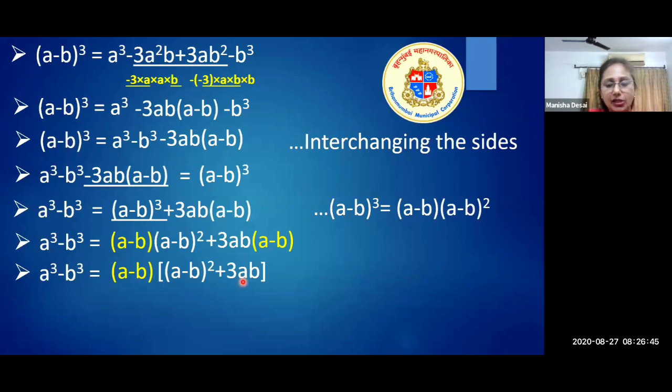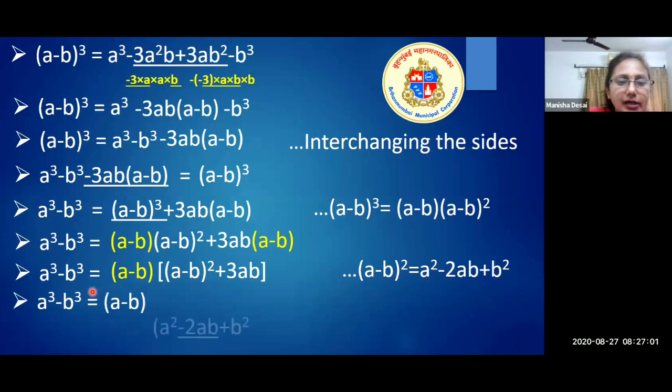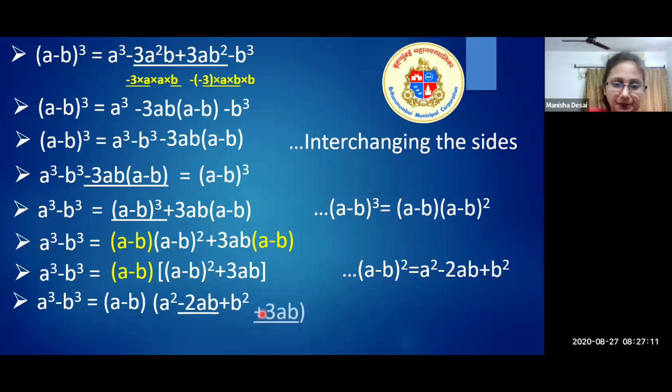So a minus b the whole square, what is it? It is nothing but a square minus 2ab plus b square. So here we have replaced a minus b the whole square with a square minus 2ab plus b square, and this plus 3ab we have to copy as it is.